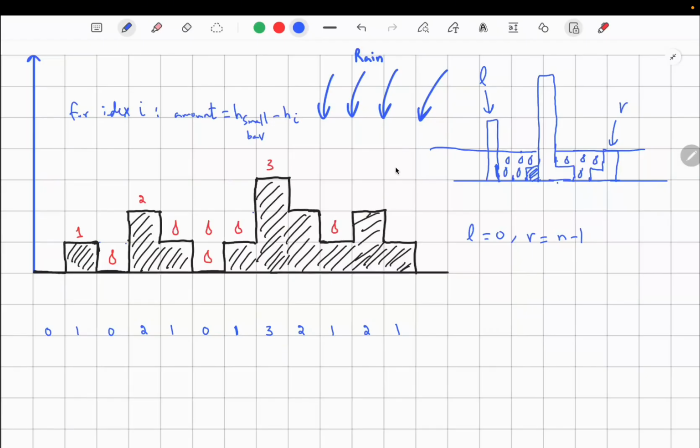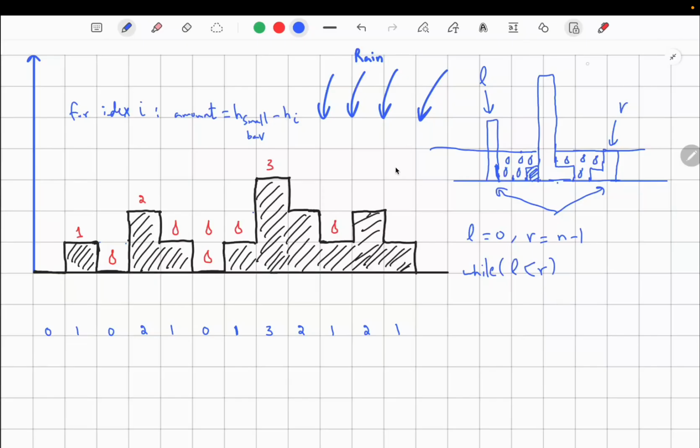By looking, we mean that we have pointers to these indices and we can access the values at them in the input array. And now what we do is, while left is less than right, because we do not want left and right to pass each other.